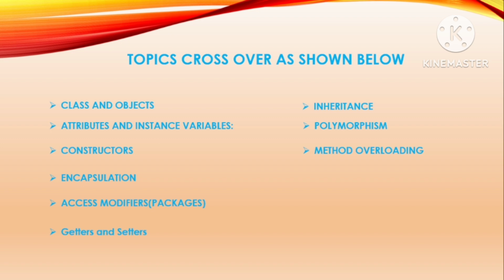We are going to see the next one, which is abstraction. Abstraction focuses on hiding unnecessary implementation details and exposing only essential features. Now, in abstraction, we can observe that it is divided into two.